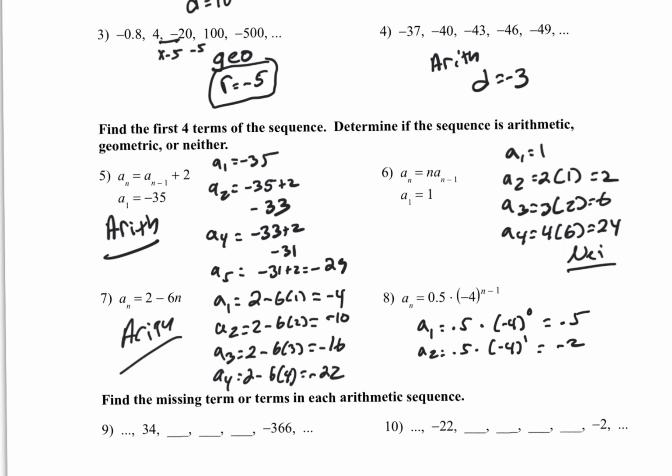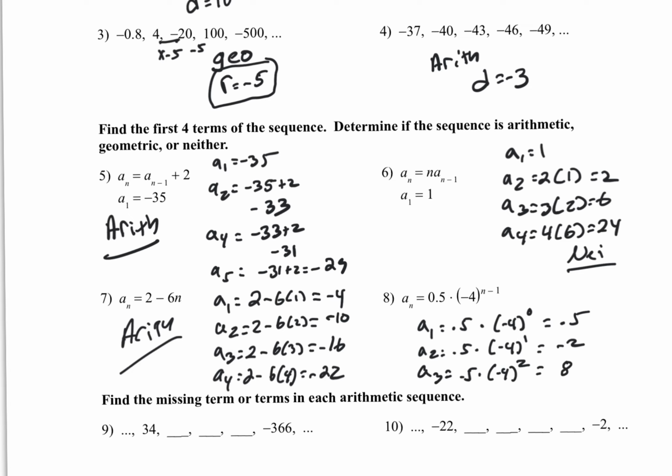Third, 0.5 times negative 4 squared. So that's 16 times 0.5, that would be 8.